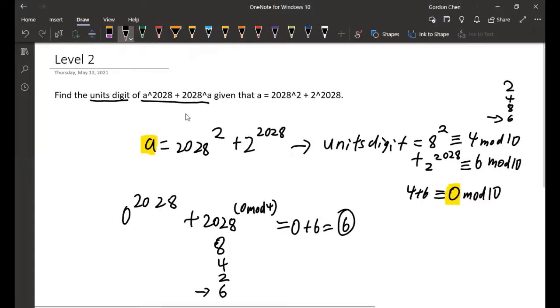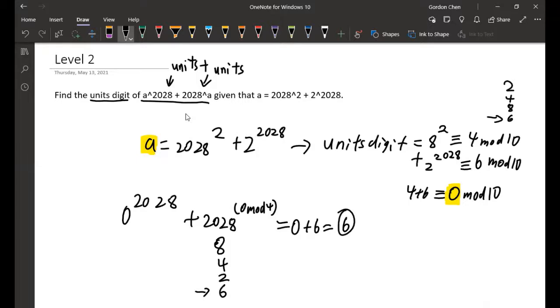So to find the unit digit, we only need to find the unit digit of this and this, and we add them up, and that's the unit digit that we want to find.